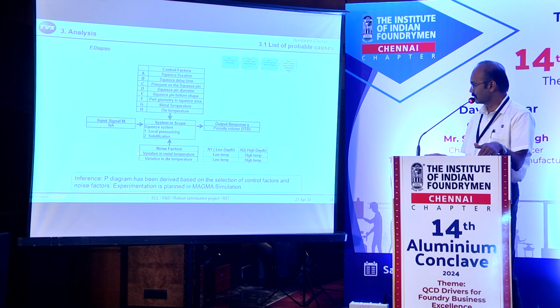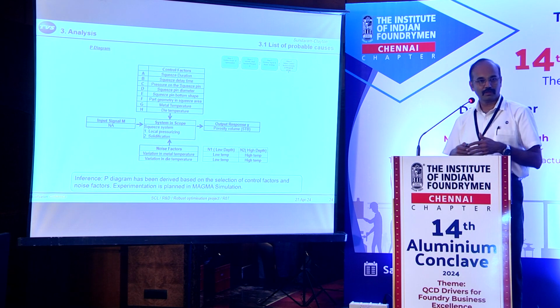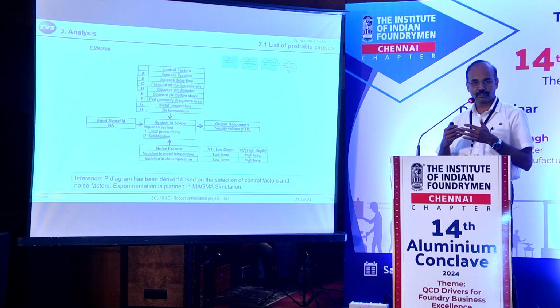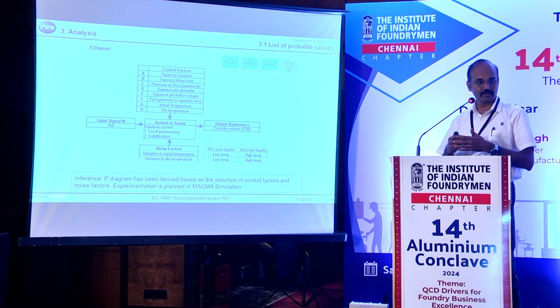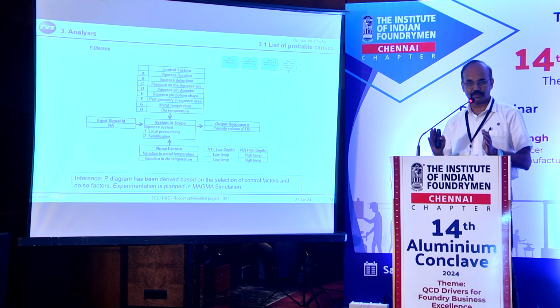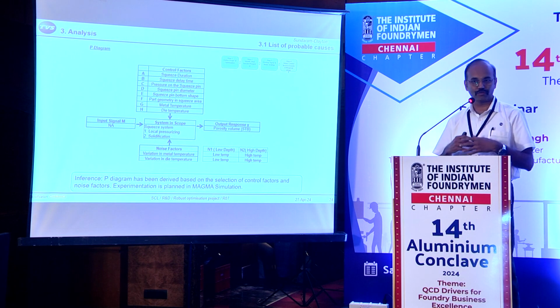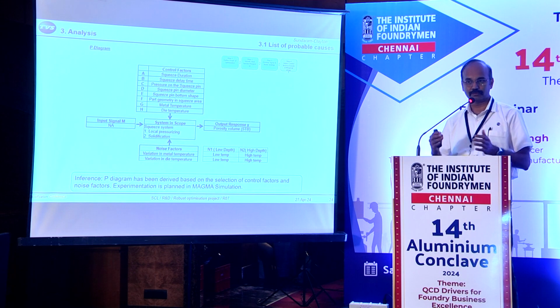And the noise factors are variation in metal temperature and variation in die temperature. One main advantage of this Taguchi method's robust optimization is that noise factors are available in all processes, and especially in die casting there are a lot of noise factors. These are factors that we cannot control, or that take a lot of effort and cost to control.